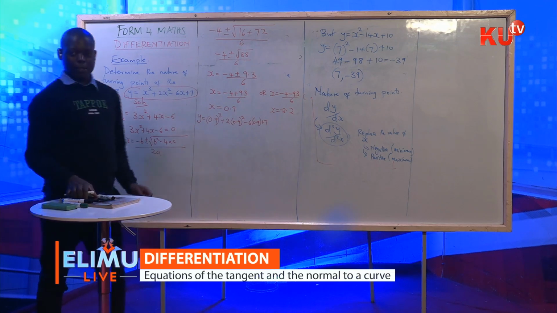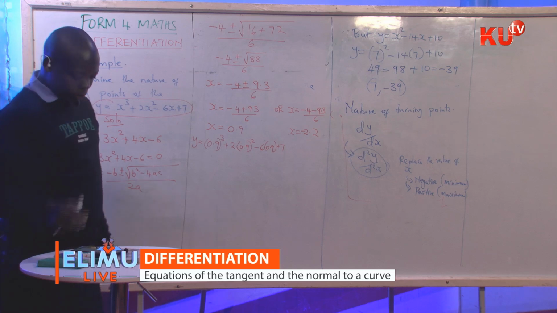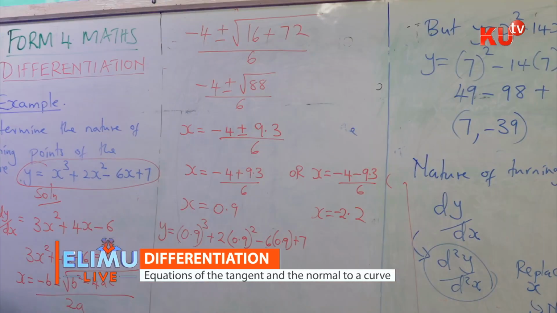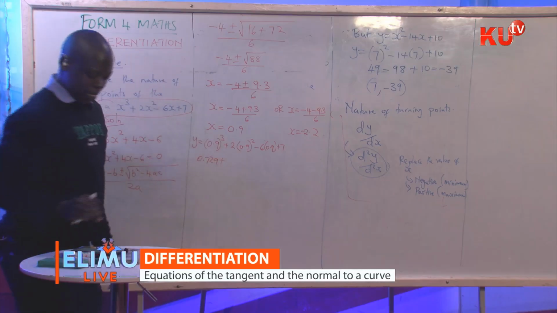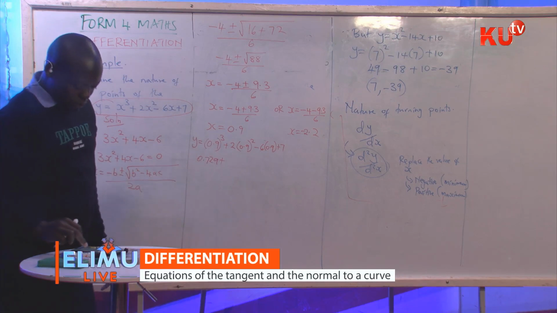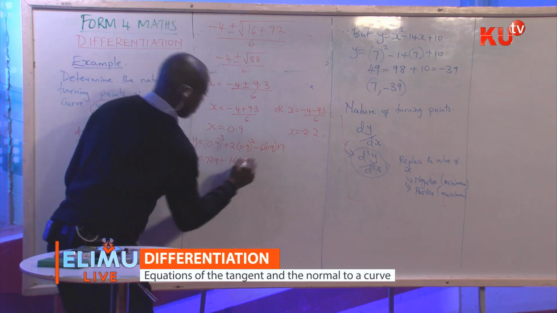So students, again, let's take our calculators and do the substitution. 0.9 cubed is 0.729, plus 0.9 squared times 2, that's 1.62.